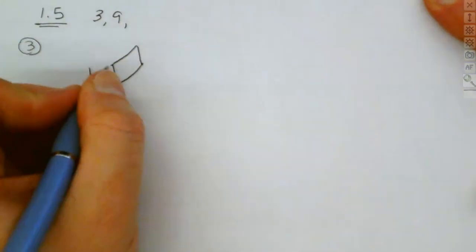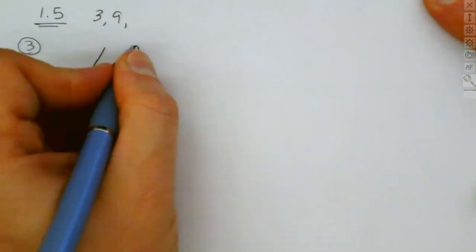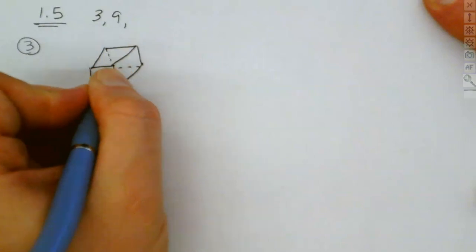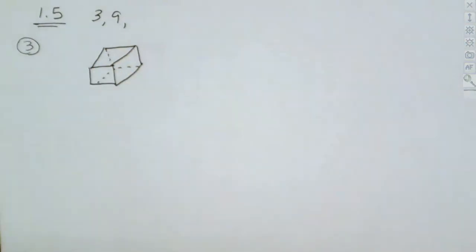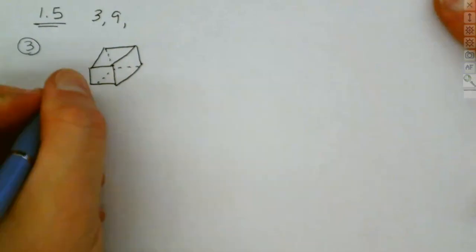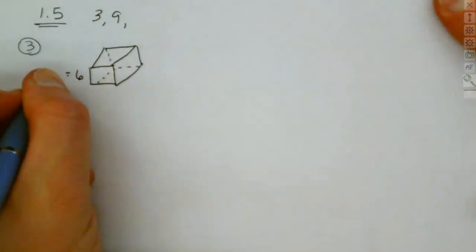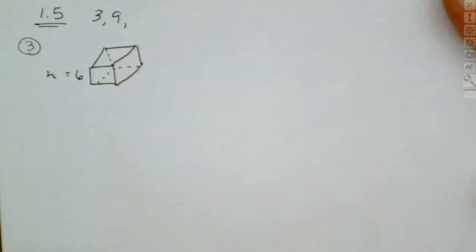And it looks like this. Now, what do we know? This is going to have a length, a width, and a height. And it says on question 3, the height of this box is 6 inches. So we'll label that H as 6. Easy enough there. What do we know about the width?